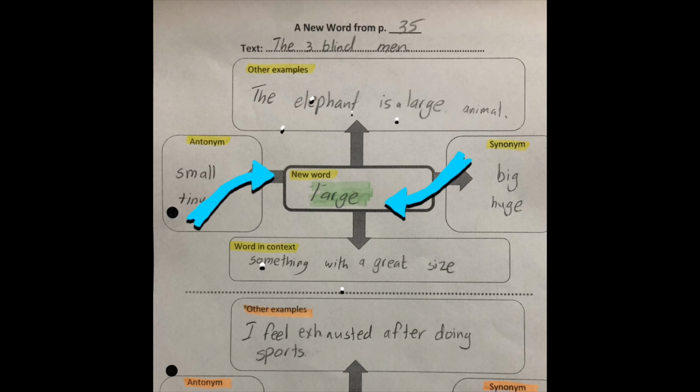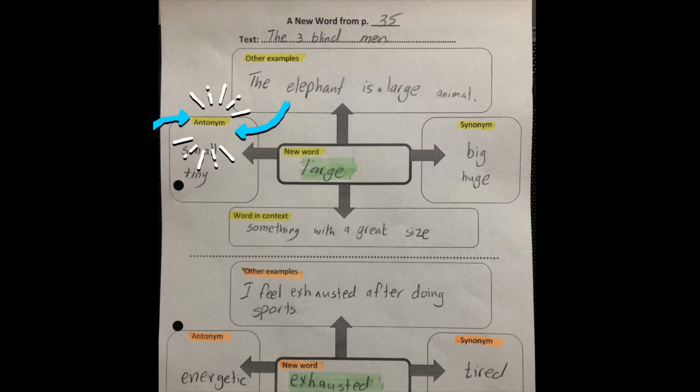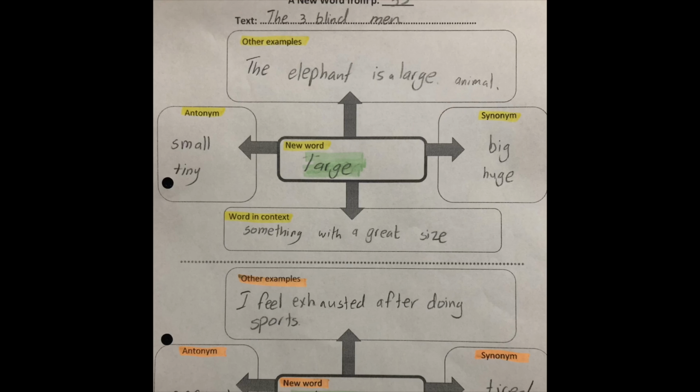Then they write what the new word is. They write an antonym for the word, or maybe 2 antonyms if they want. Then they write 1 or 2 synonyms for the same term or word that they were introduced to. Then they write the word in context. That means that they copy the sentence from the text and they write it down in context.